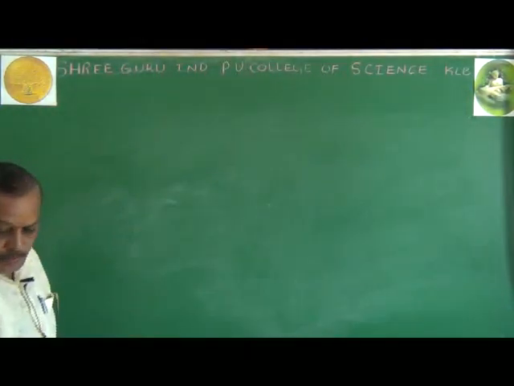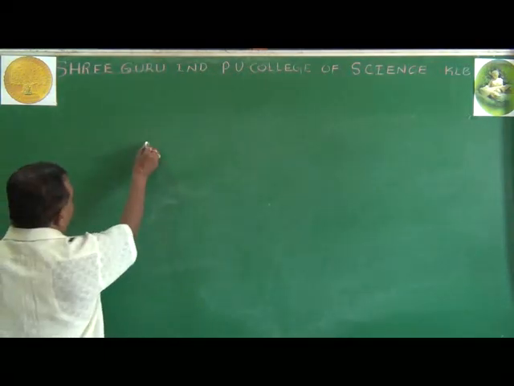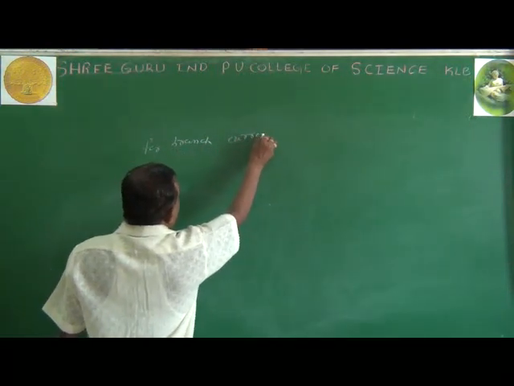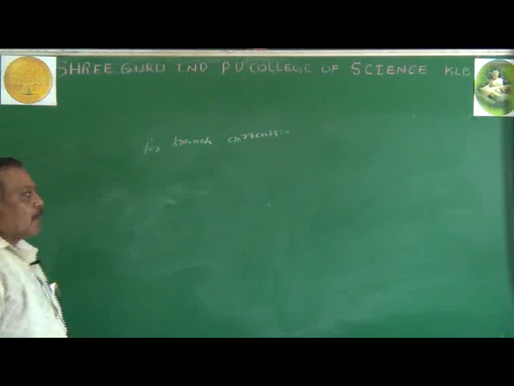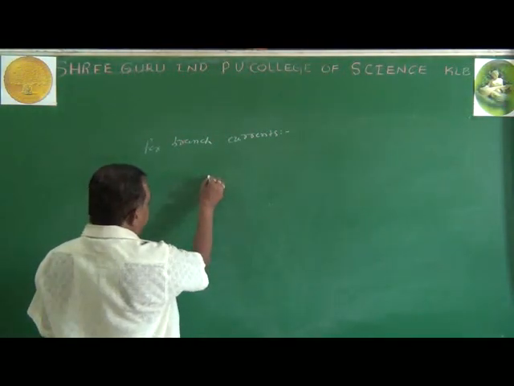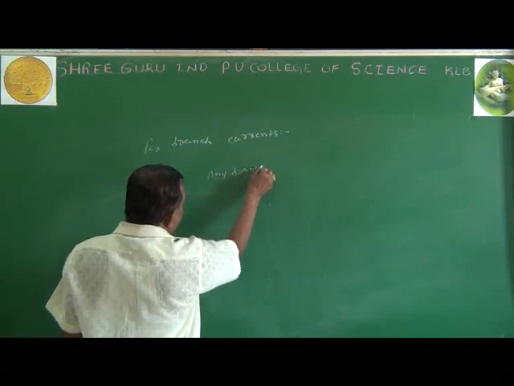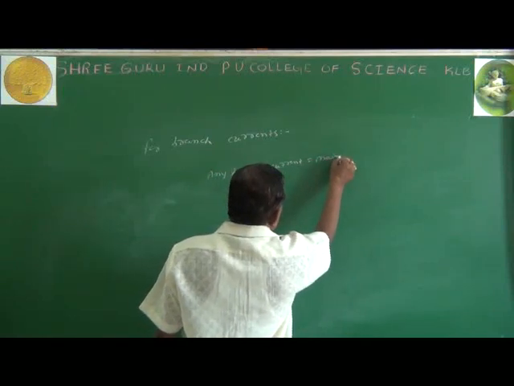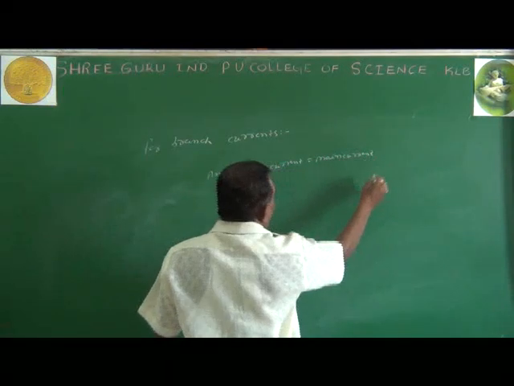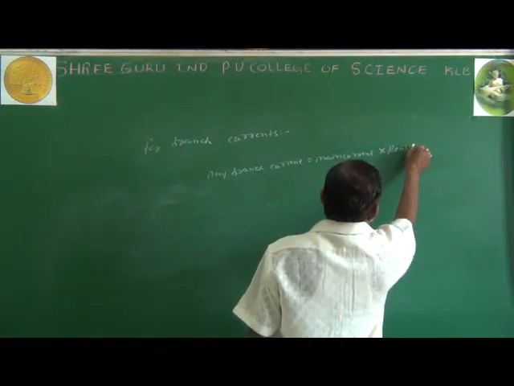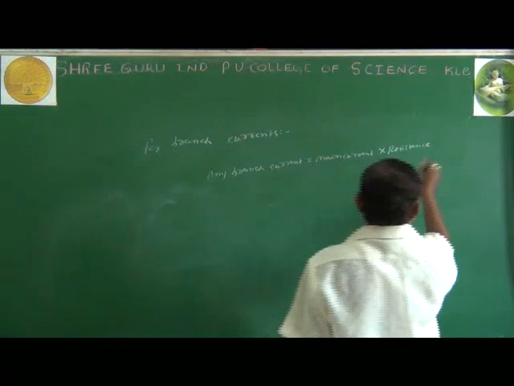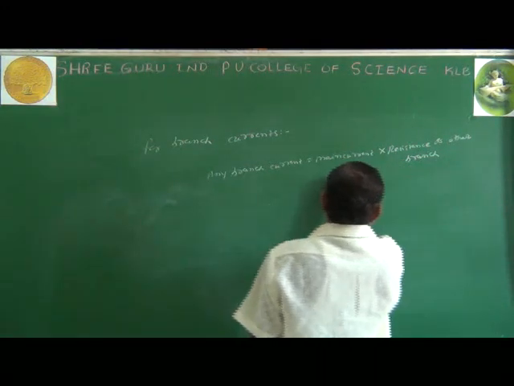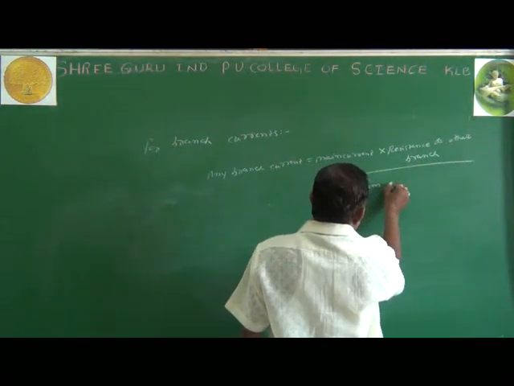So, for branch currents, any branch current is equal to the main current into the resistance of the other branch divided by the sum of resistances.